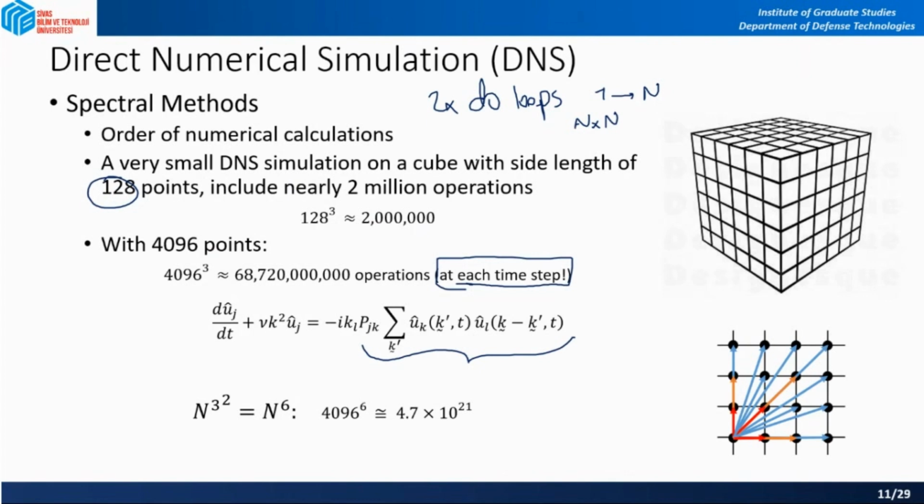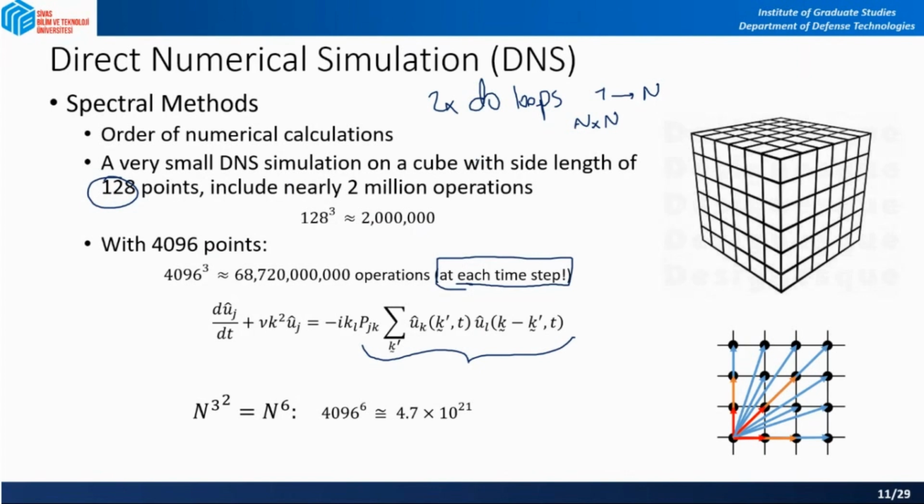This is the main reason why it's restricted to very low Reynolds numbers, and you also have to consider that this is limited to only homogeneous turbulence. You remember that we said spectral methods are only used on homogeneous turbulence because you have to use periodicity and it has to be confined. There is no boundary effect in homogeneous turbulence.